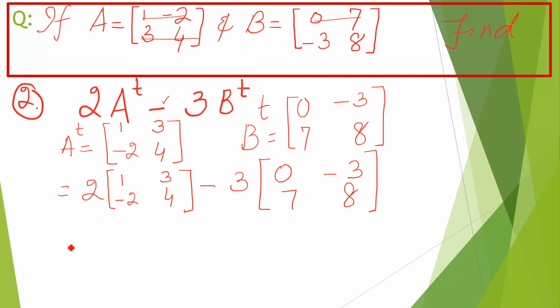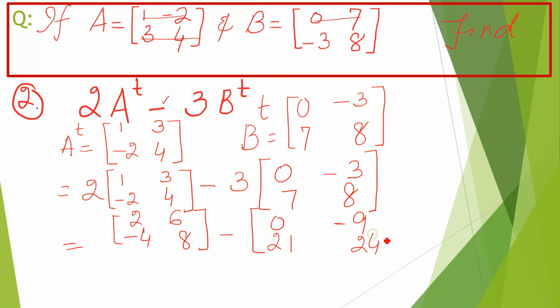Now multiply, I will do it directly here. 2 means you have to multiply individually all these 4 elements. 2 1 time 2, 2 3 times 6, minus 4, 2 4 times 8. And here I will do it directly as well. 3 0 0, 3 3 minus 9. I am multiplying only with 3, not with minus 3, only with 3. 7 3 times 21, and this is 24.